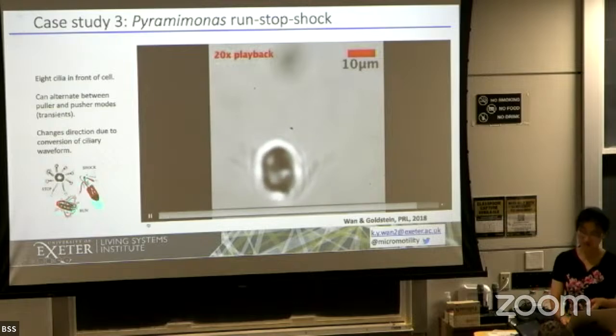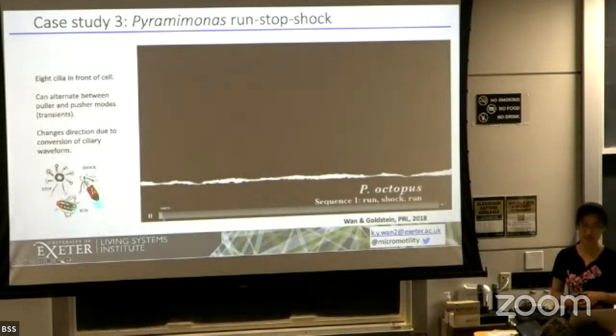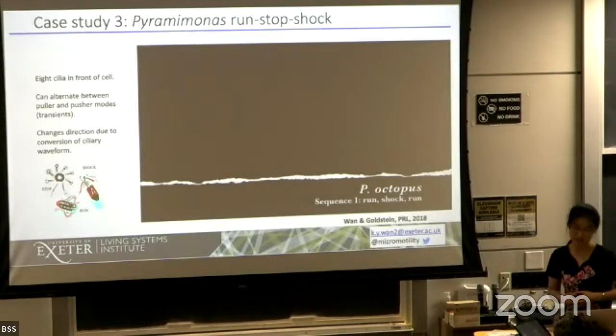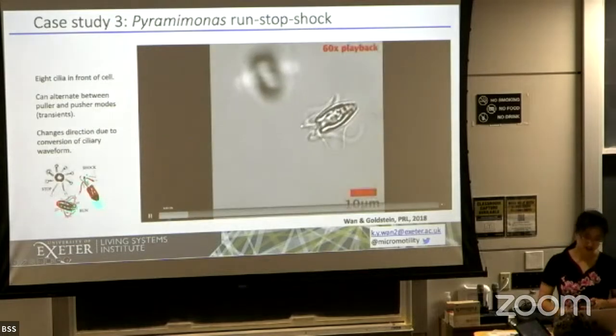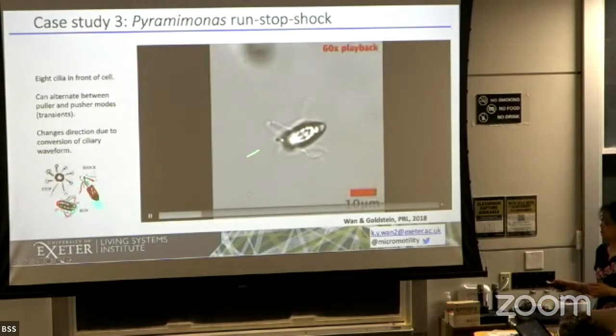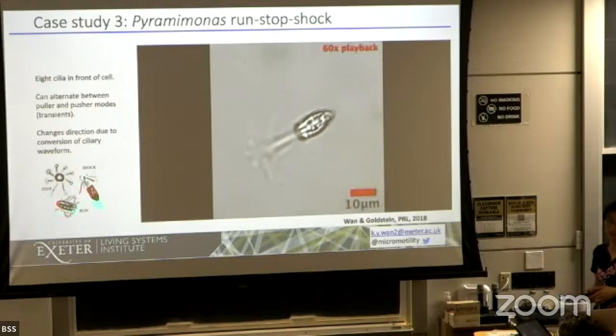And there was some question yesterday about whether there are organisms that can switch between puller and pusher modes. So actually, this is one of them. So just to look at it again. Here's the classic puller configuration, and then it becomes a pusher transiently, and then it goes back into a puller again.